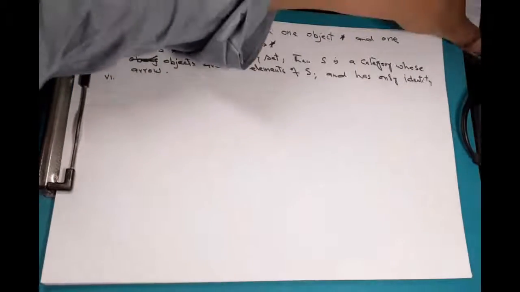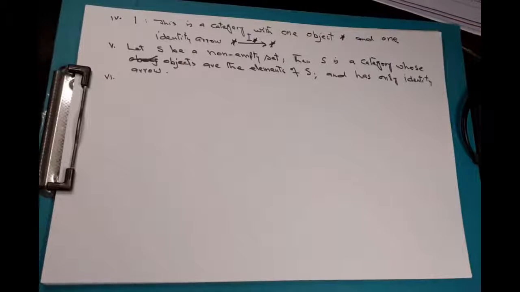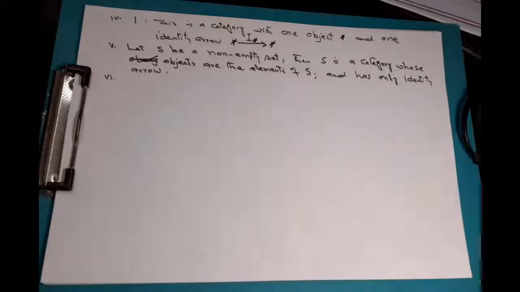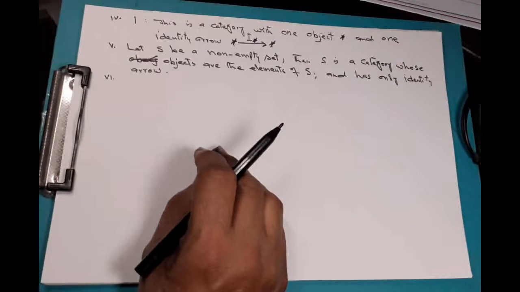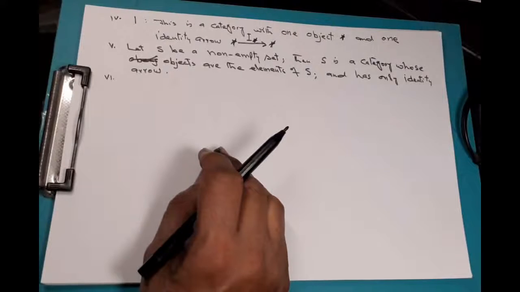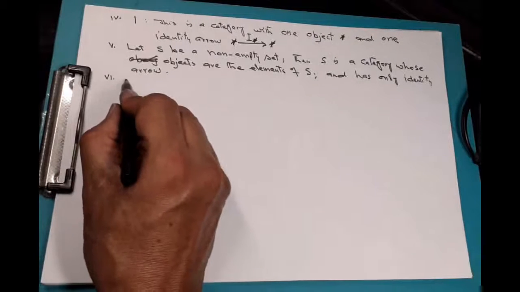So, having discussed this particular category, we come to a very important category, in fact, in the study of category theory, and that is the category of preordered sets. Before we discuss this particular category, let's recall what a preordered set is.